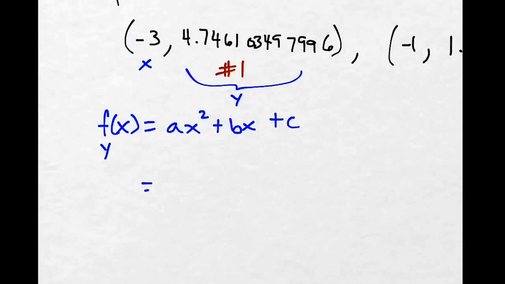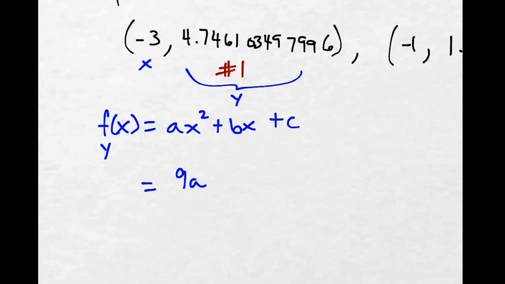So on the right side, I get a times -3 squared. What is that? 9. So it would be 9 times a. Some people would say a times 9. That's the same thing as 9a.